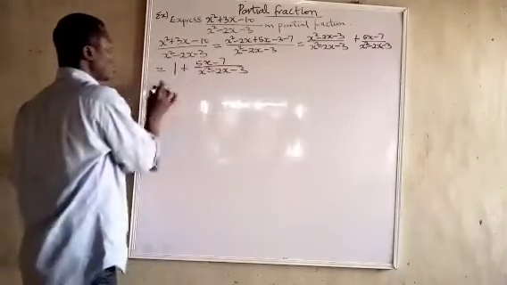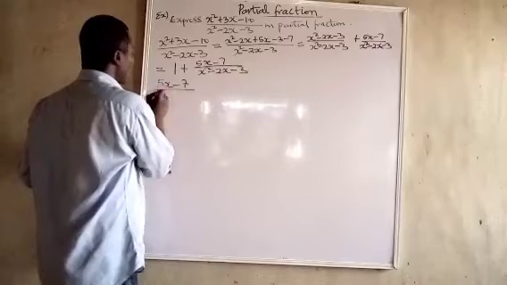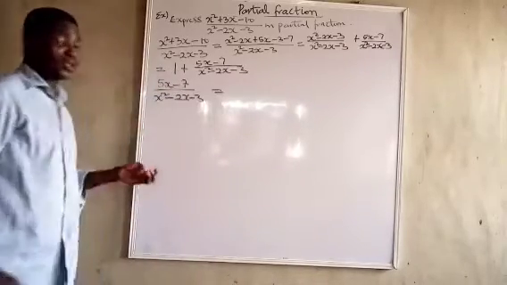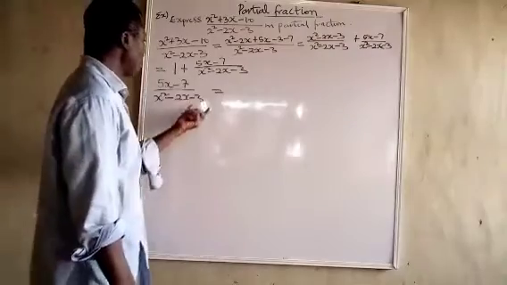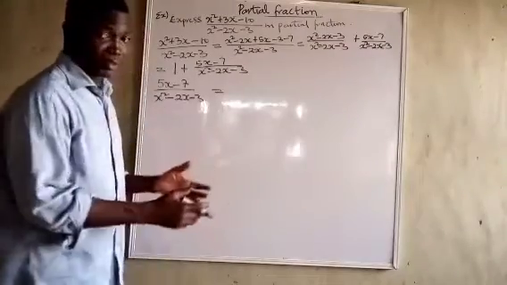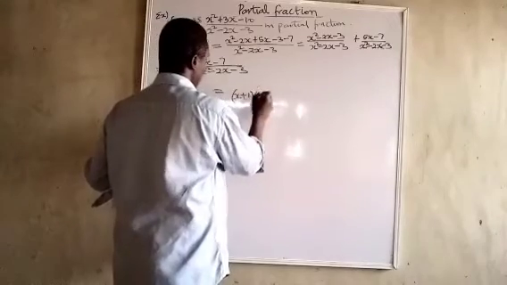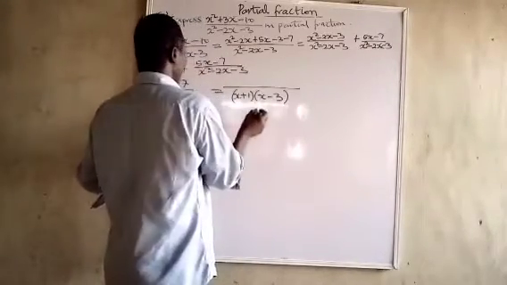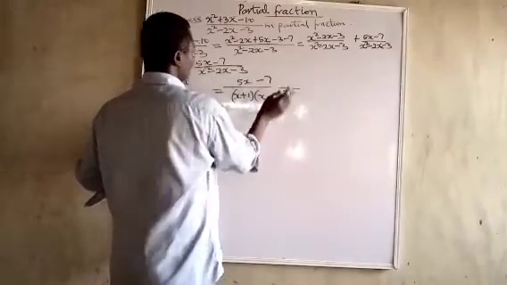The remaining part to express in partial fractions is (5x minus 7) over (x squared minus 2x minus 3). So what are the two numbers that, if I add, give me minus 2, and if I multiply, give me minus 3? That's minus 3 and plus 1. So I'm going to have 5x minus 7 over (x plus 1)(x minus 3).